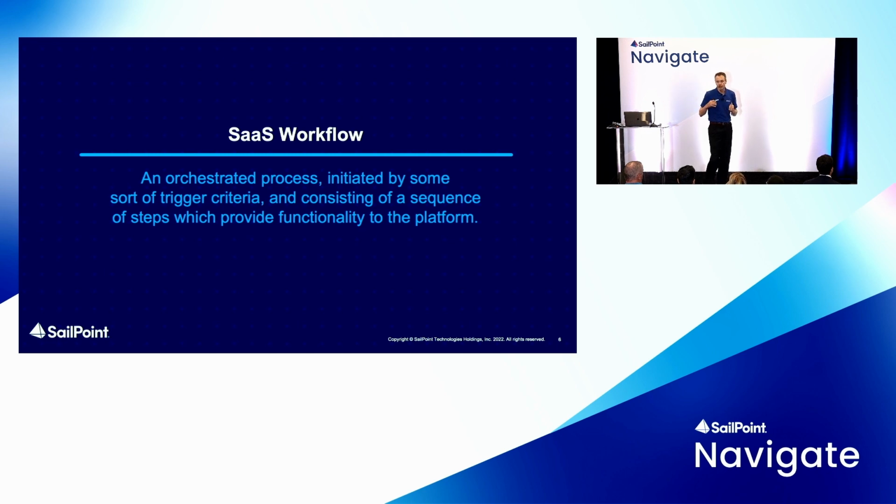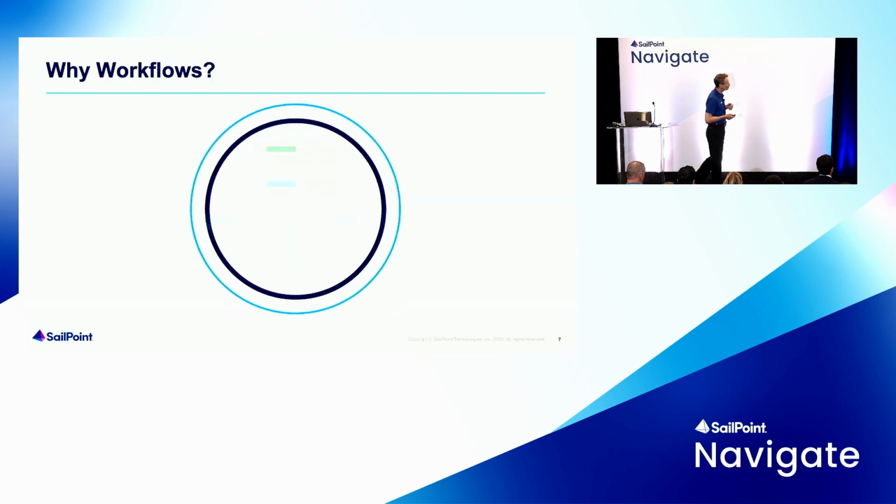Well, workflows can be that automated process for you, and you can decide exactly what that's going to look like for you. What are the steps that you need it to do on your behalf to process and fulfill the business requirements that you have for a specific use case, as an example?